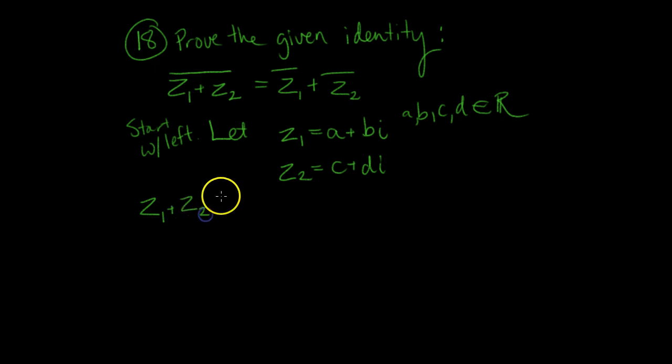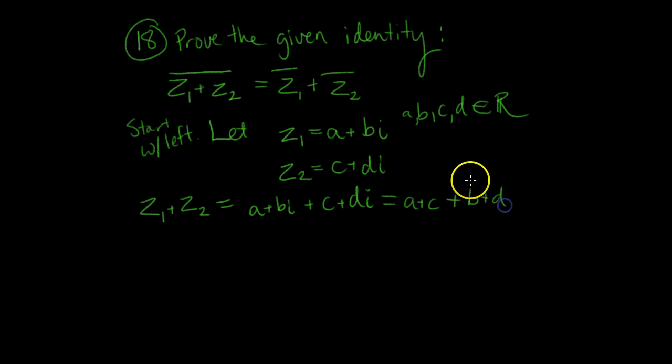And this is actually good that we're doing it today because it's a good refresher. Well, what does that mean? You just add the real parts together and you add the imaginary parts together. So we have a plus c as our real parts, plus, and then I'm going to just do a little shortcut, b plus d as my coefficients of the imaginary part, and then factor out that i.